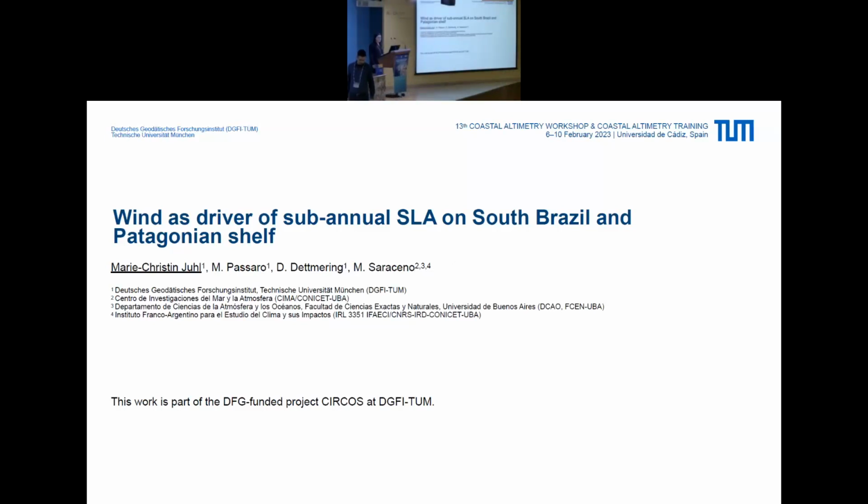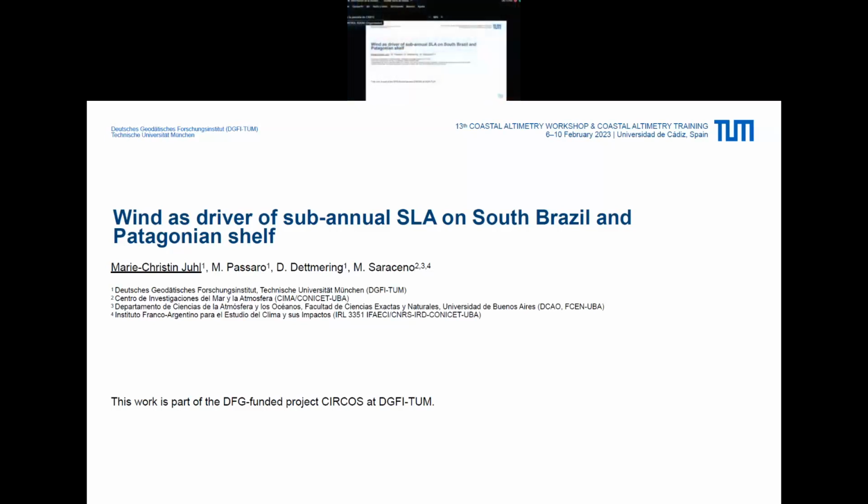So I will present today wind as a driver of subannual sea level anomalies on the South Brazil and Patagonian shelf. This work is part of the CIRCOS project that I am currently working on as a PhD student at DGFI TUM. CIRCOS aims for a better representation of the shelf and coastal circulation.